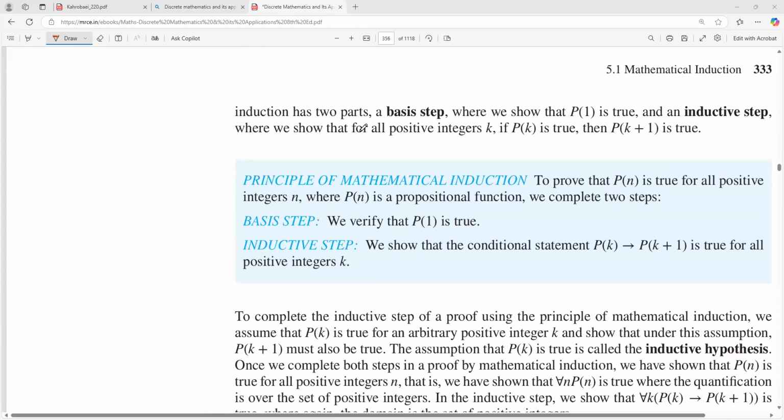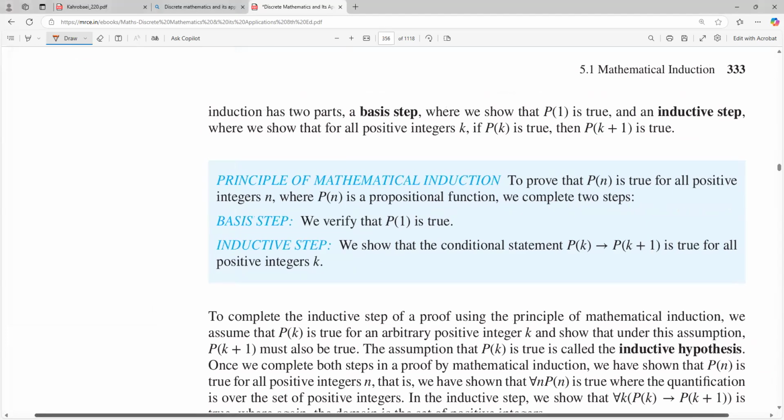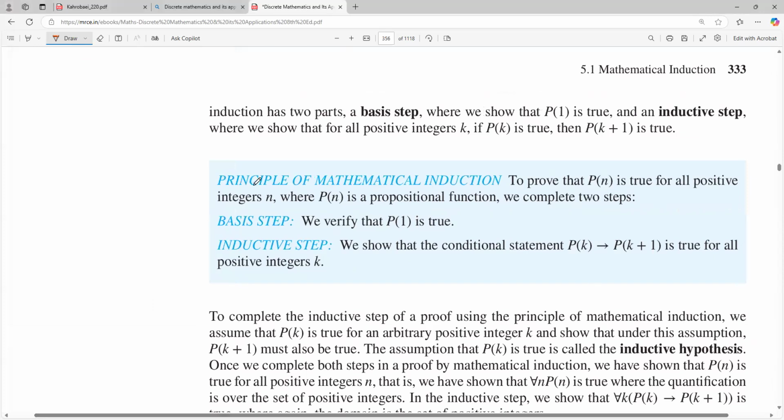Okay. So, induction. The whole idea of induction is that when you want to prove things for an infinite amount. It's easy to prove a statement for, say, 1 through 1,000,000. How many zeros are in 1,000,000? 6, right?